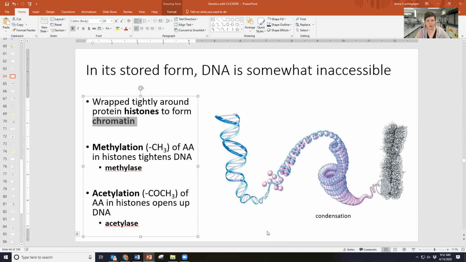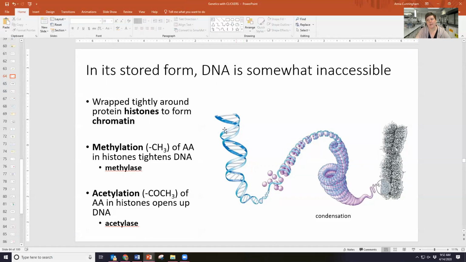If you remember the process of mitosis and meiosis, the big thing that happens during interphase compared to prophase is that during interphase, your DNA is dispersed in the nucleus, right?